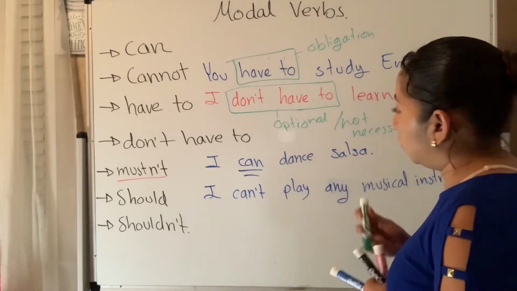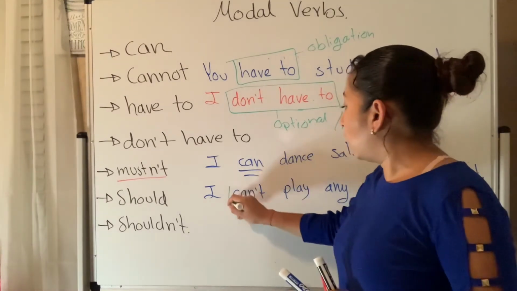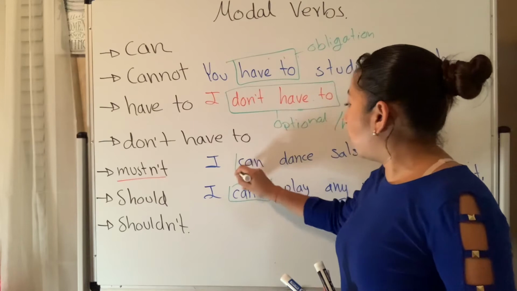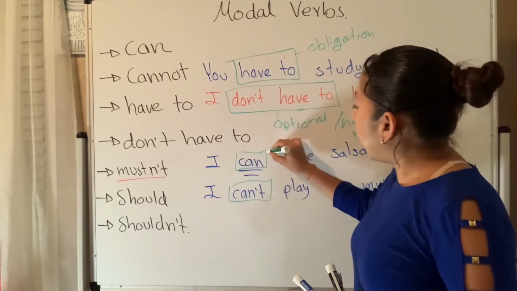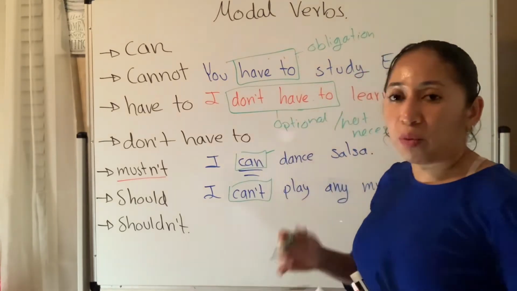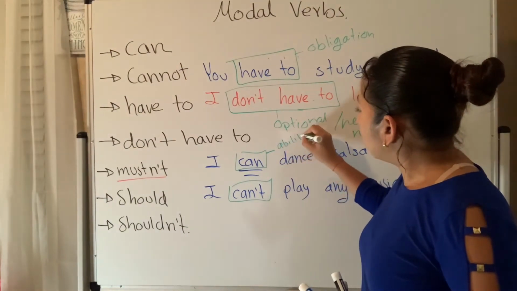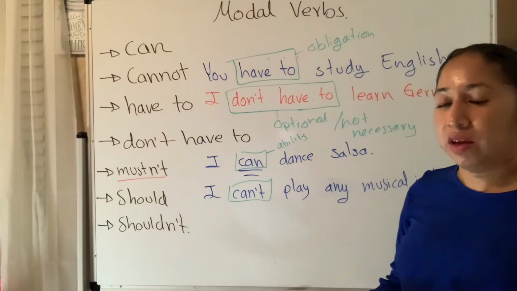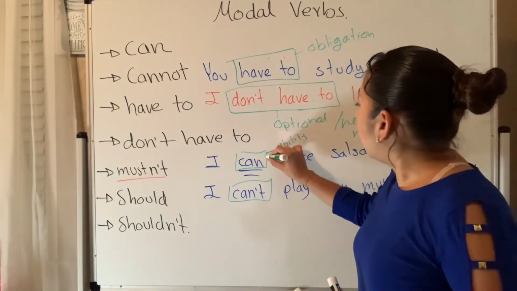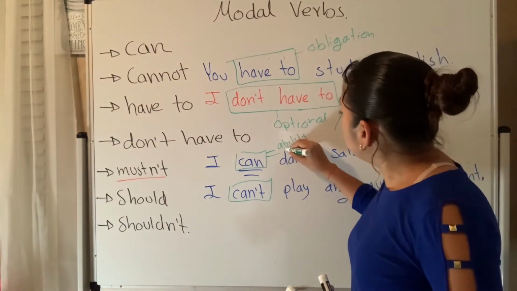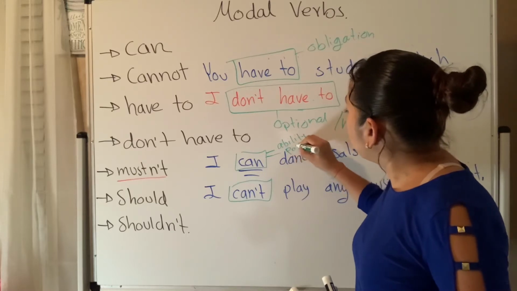In this case we have negative can't, affirmative can. Can is to talk about ability. So I can dance, it's possible for me. Or possibility.